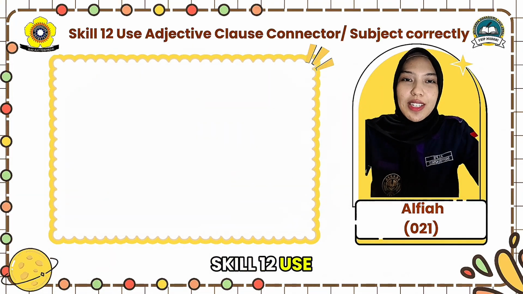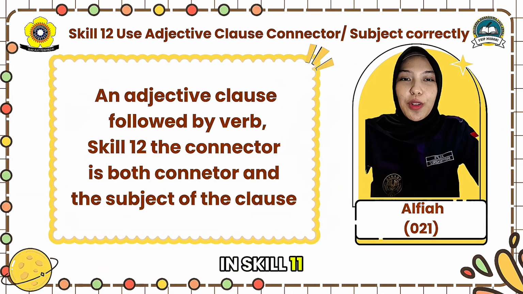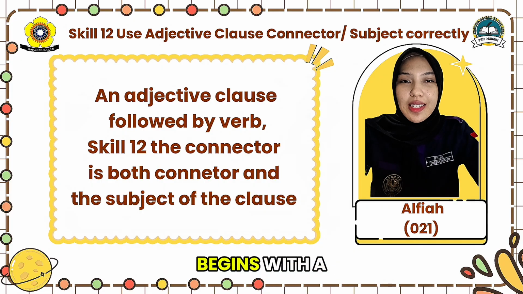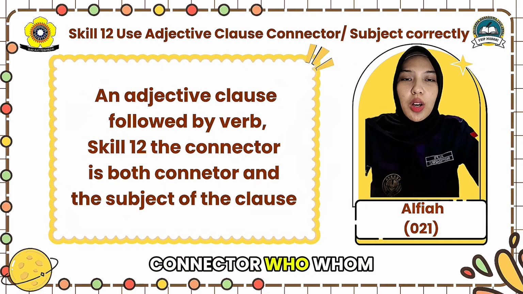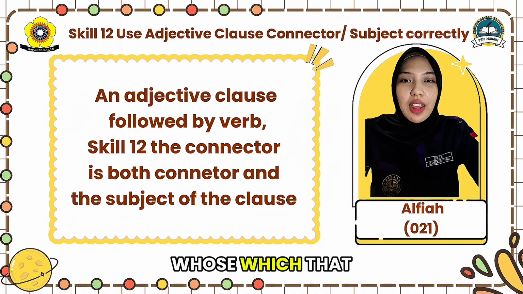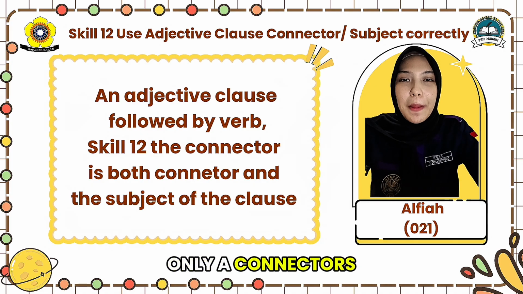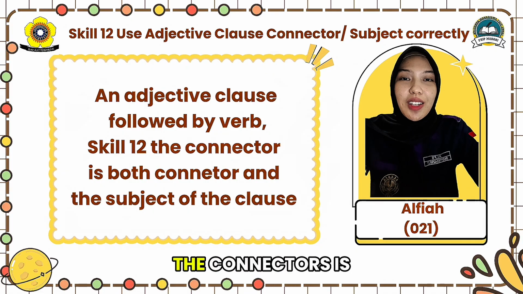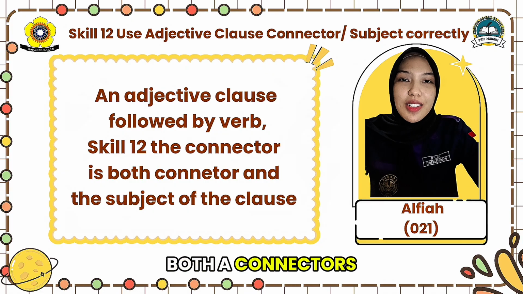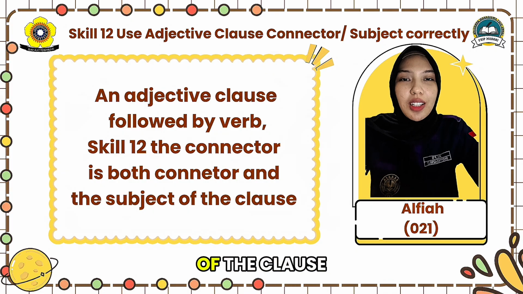Skill 12: Use adjective clause connector subject. In Skill 11, we learned that an adjective clause begins with a connector: who, whom, whose, which, that. Sometimes this connector is only a connector, but in some cases the connector is both a connector and the subject of the clause.